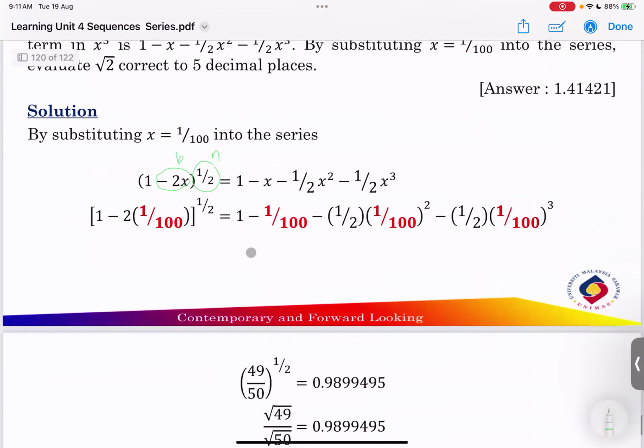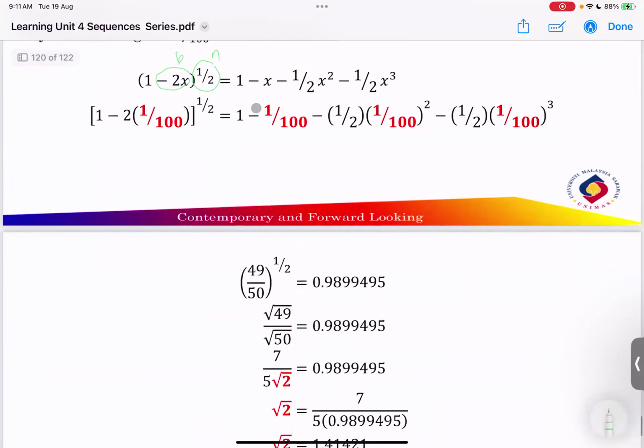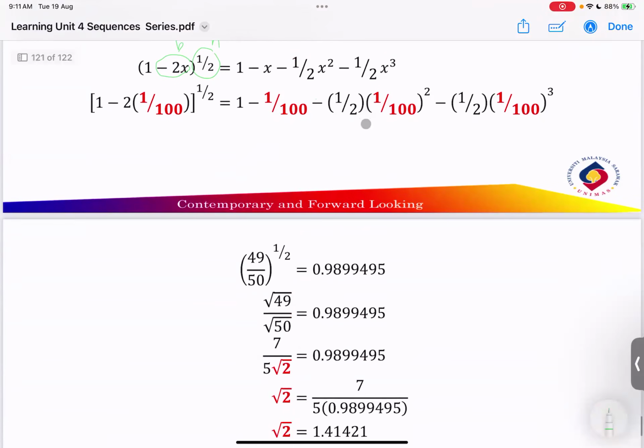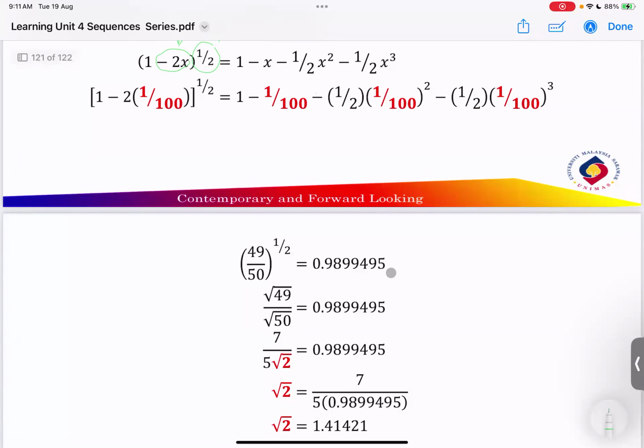Back to here again. Okay, this one is 1 minus 1 over 100 minus this value again. You can see here is 49 over 50 to the power of 1 over 2. You will get this value. Okay, I'll let you observe this one.